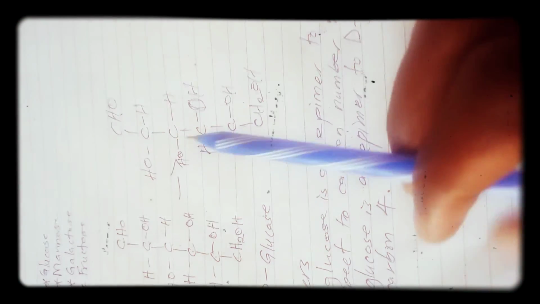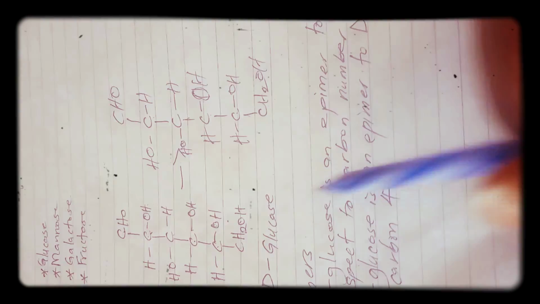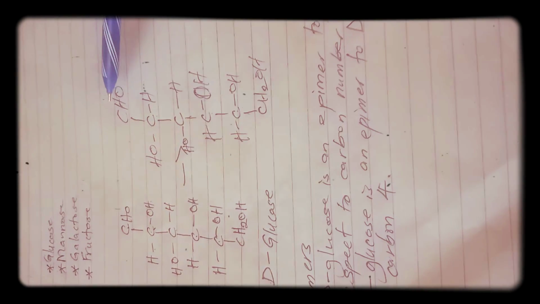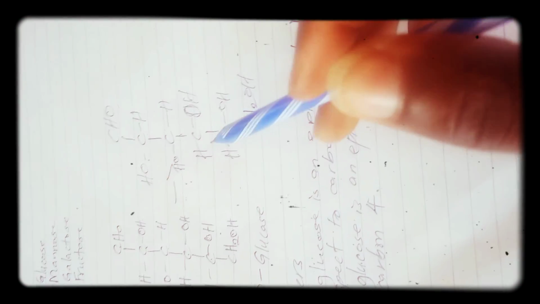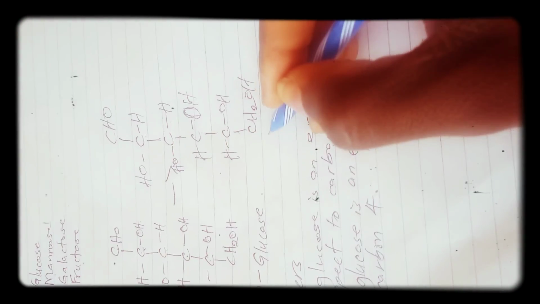So if you check these two structures keenly, you'll find that everything is the same apart from only carbon number 2. That is where the difference comes from. So if it is this way, this one will be named D-mannose.